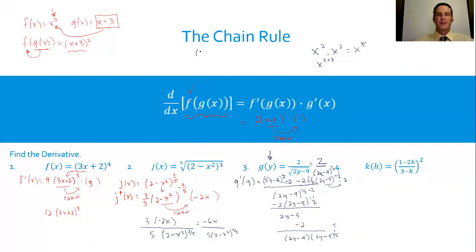You have 2y minus 9 to the first power. There's no first, but we know that's what it is. To the half. And so you end up with -2 on top. This 2y minus 9 is on the bottom, and 1 plus 1/2 is 1.5.